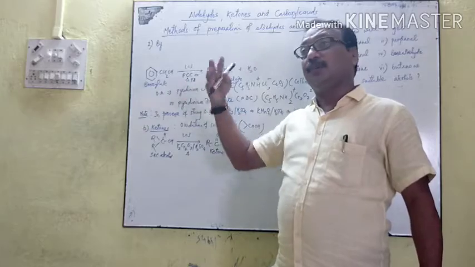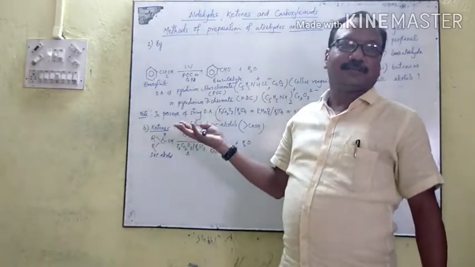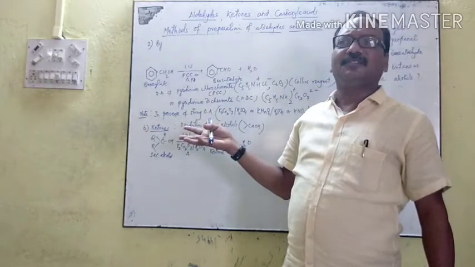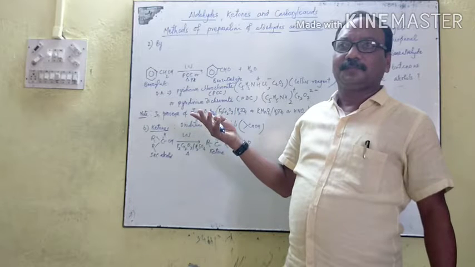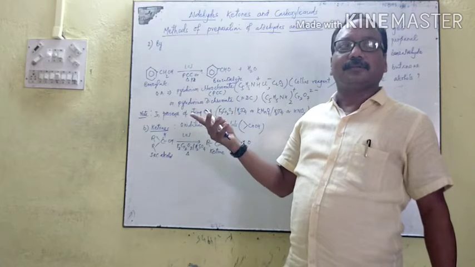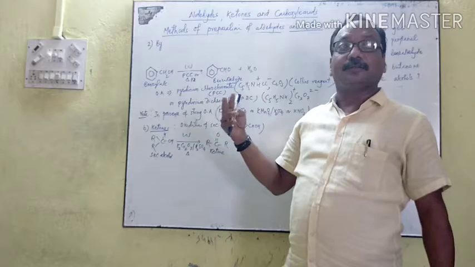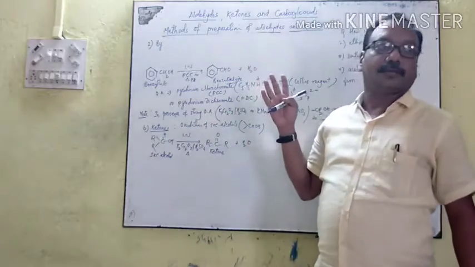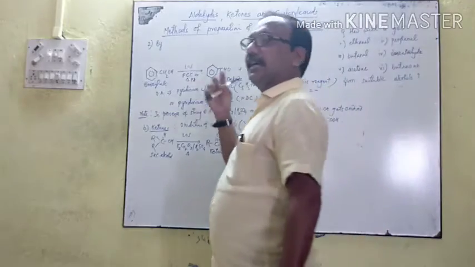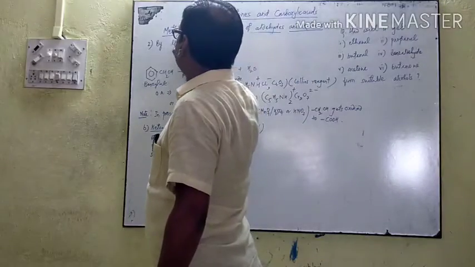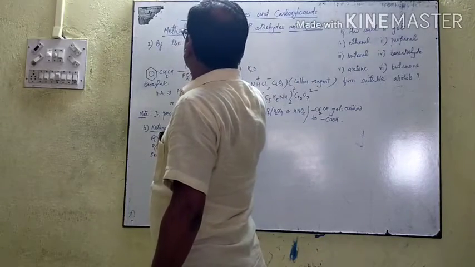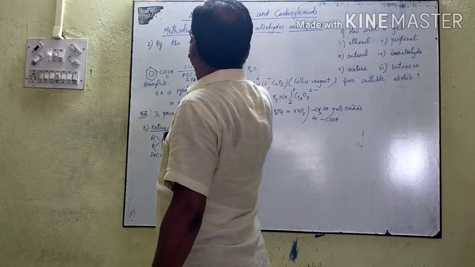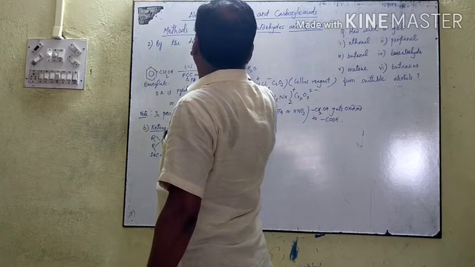Oxidation also is the removal of hydrogen, isn't it? Removal of hydrogen can be considered as dehydrogenation. That reaction also was a part of your alcohol unit. Dehydrogenation of alcohol.